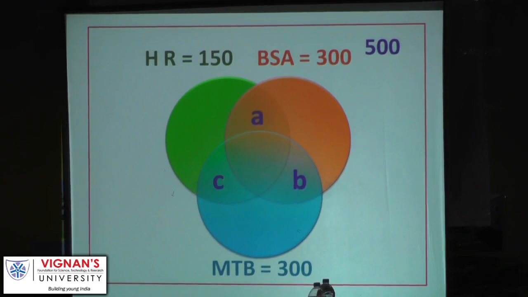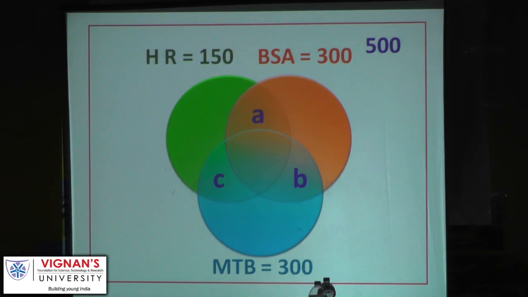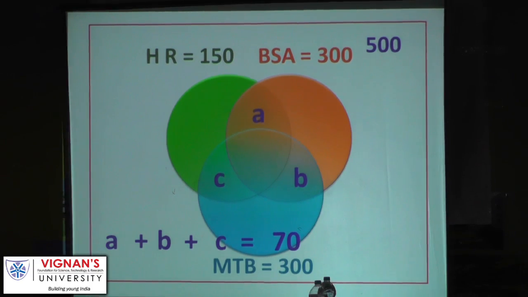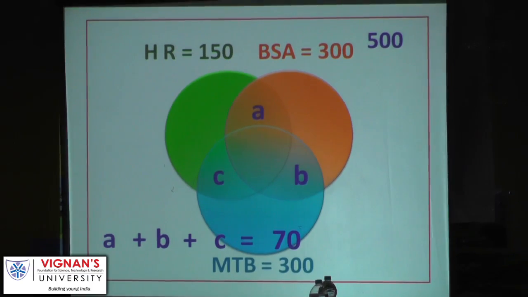A plus B plus C. Exactly 2 of the 3 brands. And he says exactly 2 of the 3 is how much? 70. This is the information we have.